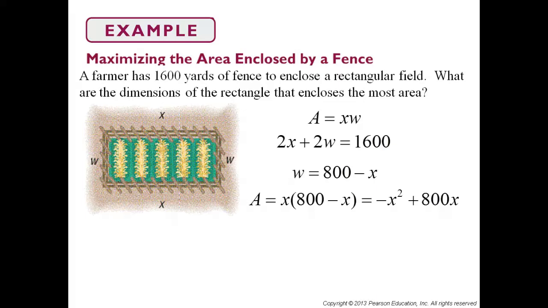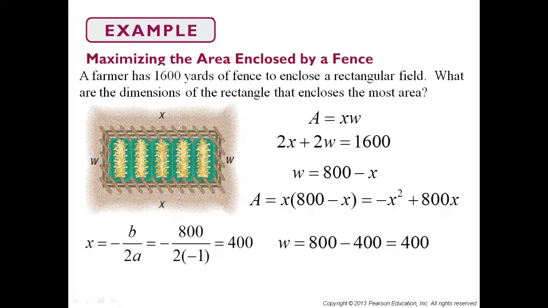Okay, so negative b over 2a. Negative 800 over 2 times negative 1 will be positive 400. So our length is 400. Our width would be how much? Turns out to be 400. Okay.